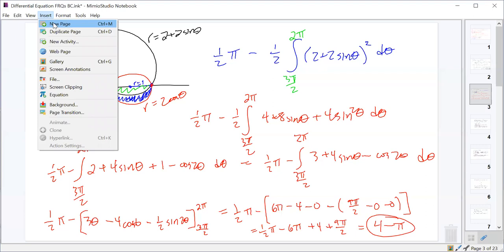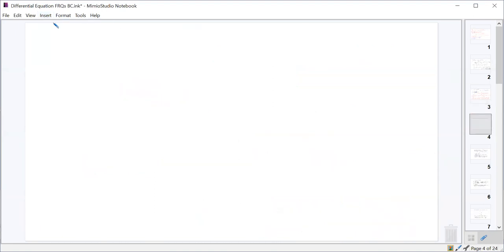Okay, part B, if I recall correctly, part B asks for the tangent line at 2, 0. Is that right? Or maybe it was when theta was 0. I don't remember offhand.